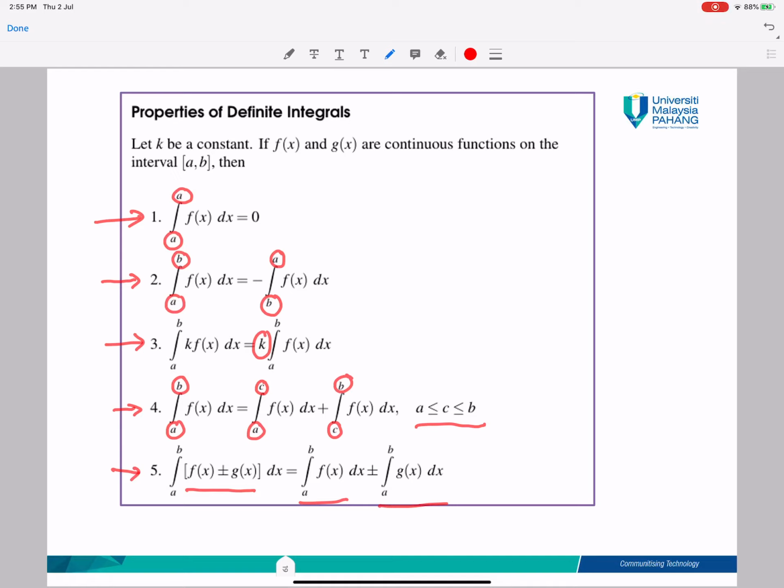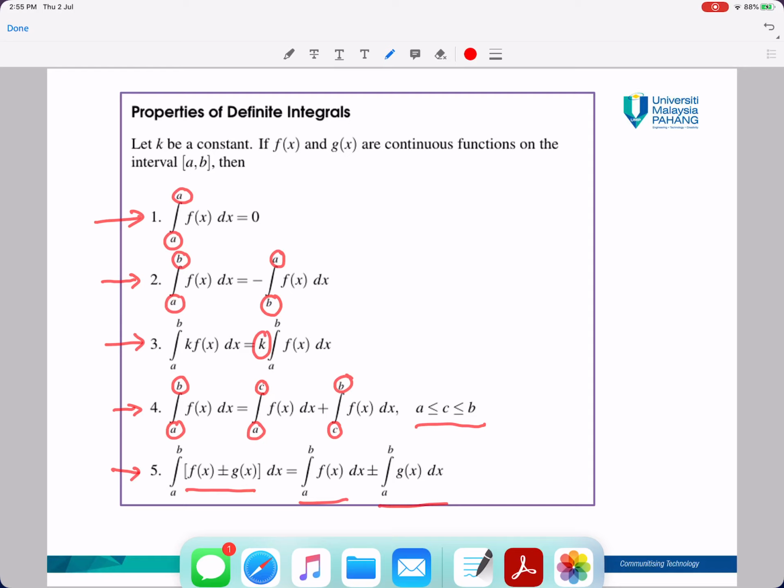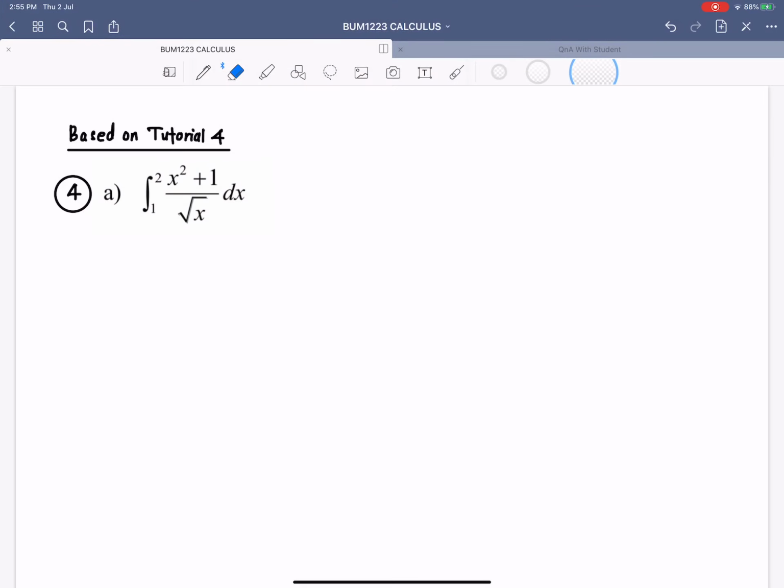Okay, now let us see the first example. Our first three examples will be based on tutorial 4. Let us look first at question 4a. In question 4a, we have the integration from 1 to 2 of (x squared plus 1) over square root x.